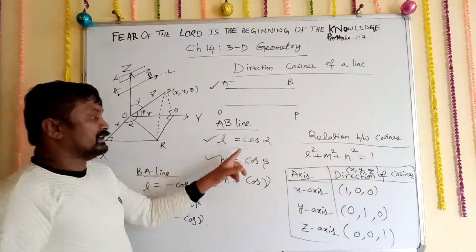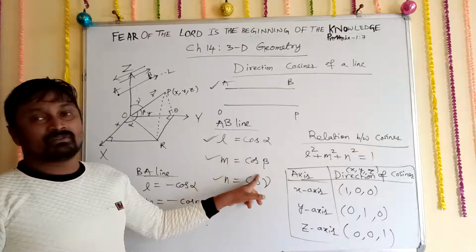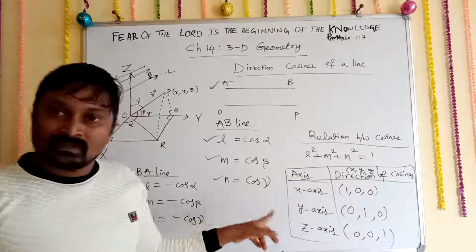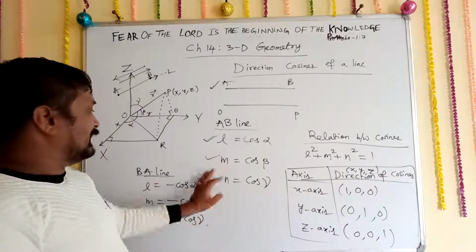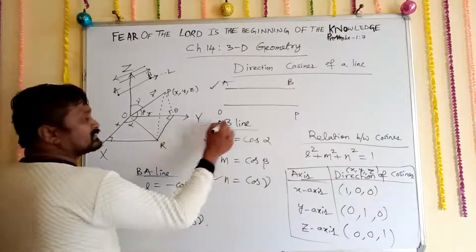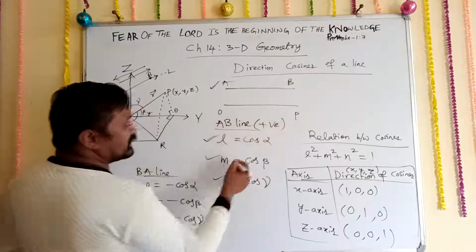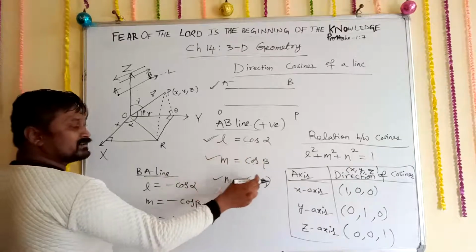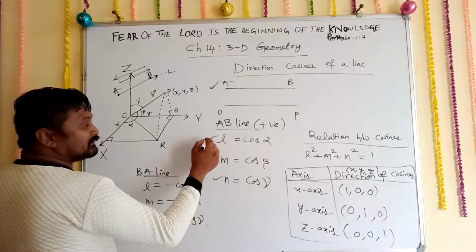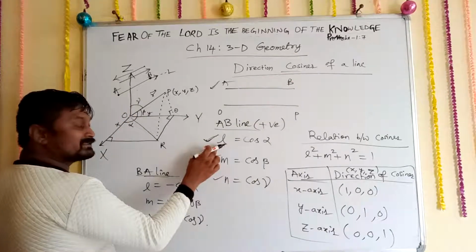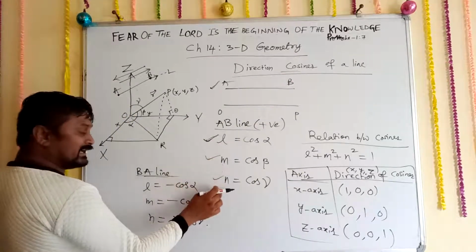That's why L is equal to cos alpha, M is equal to cos beta, N is equal to cos gamma. In the positive direction you get L is equal to cos alpha, M is equal to cos beta, N is equal to cos gamma. Here L is nothing but the direction cosine of the x-axis, M of the y-axis, and N of the z-axis.